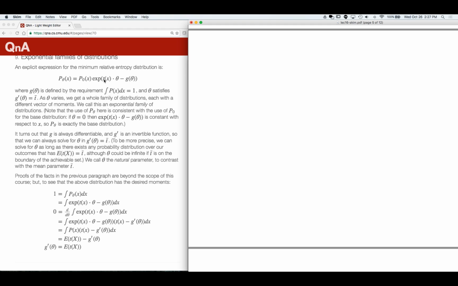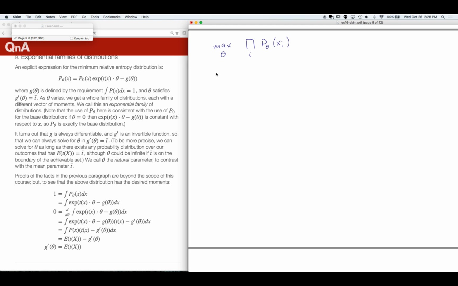But what if I just want to fit it to some data that I observe? What if I want to do maximum likelihood? Maximum likelihood says that I should pick my parameter vector theta to maximize the probability of the observed data, which is the product over my samples, let's say I index my samples i, of p theta of x i.